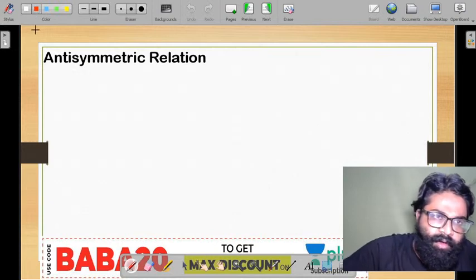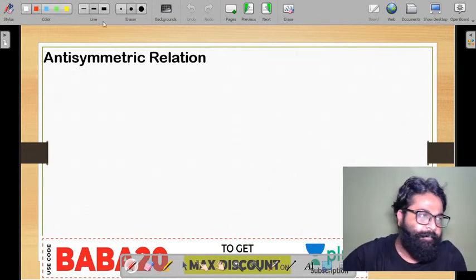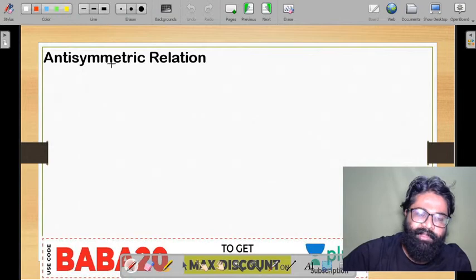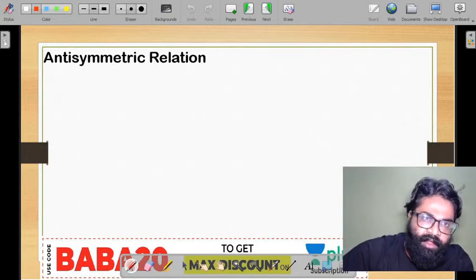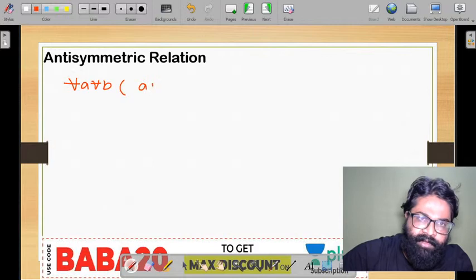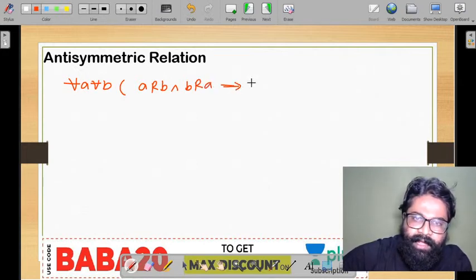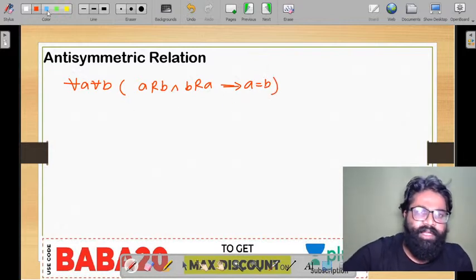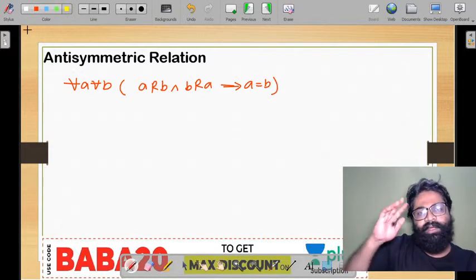First of all, what is an anti-symmetric relation? The relation is anti-symmetric if for all A and for all B, whenever A is related to B and B is related to A, then we can say that A equals B.